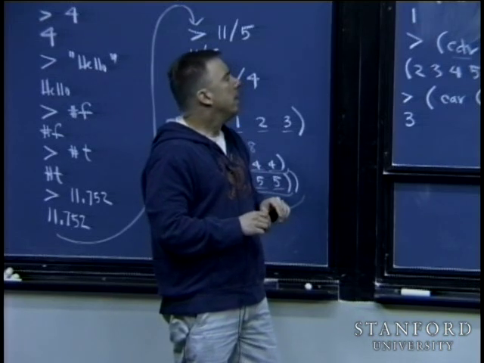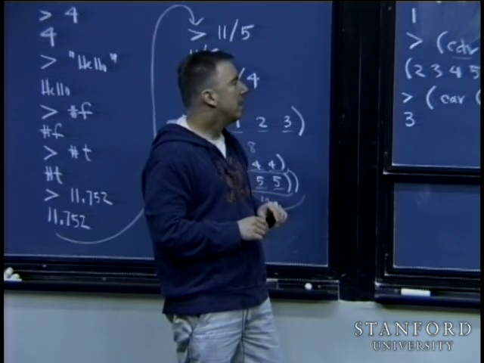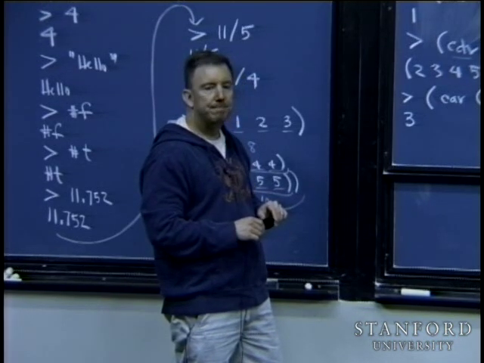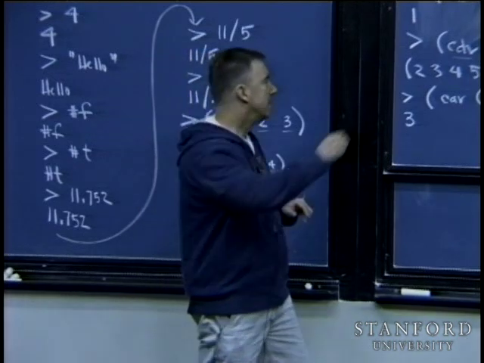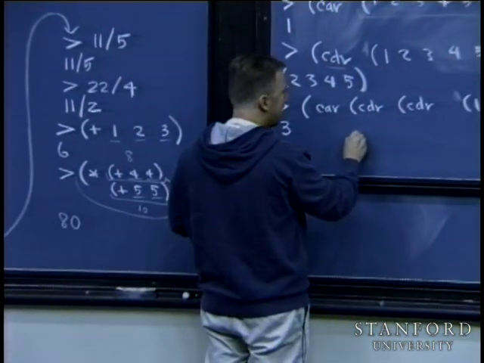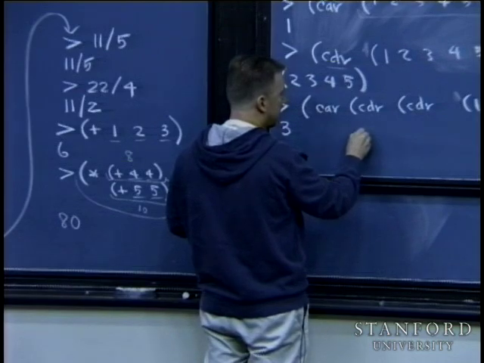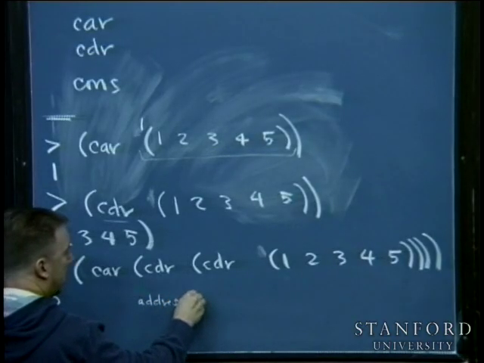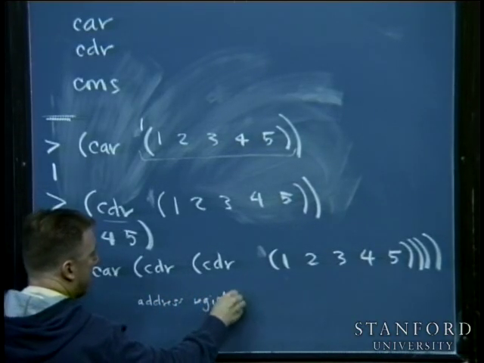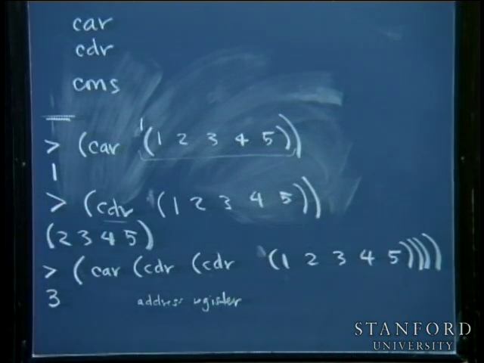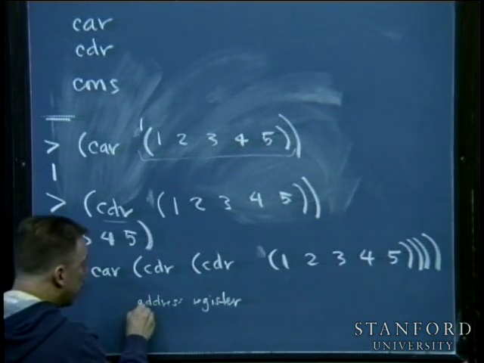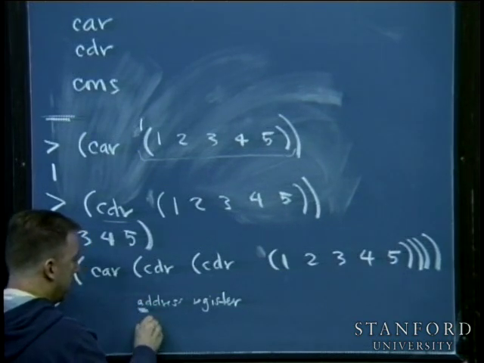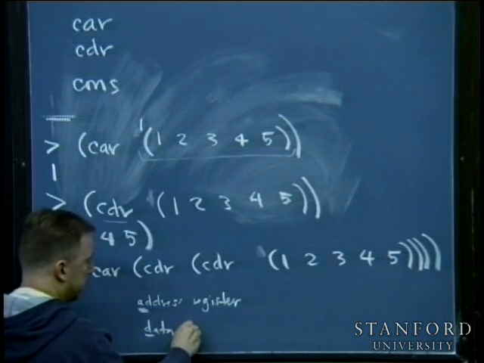Now, why are they called car and cdr? It's really not a very interesting reason, but it's kind of interesting. The original implementation of either Scheme or Lisp, I'm not sure, was on an architecture that had two exposed registers. One was called the address register, emphasis on the A, and one was called the data register.